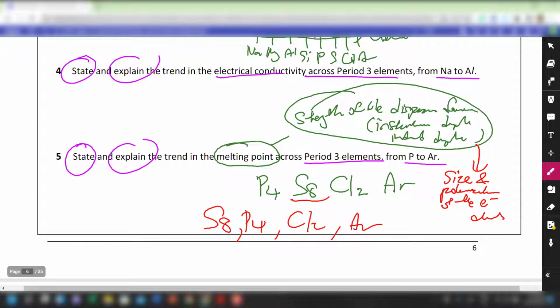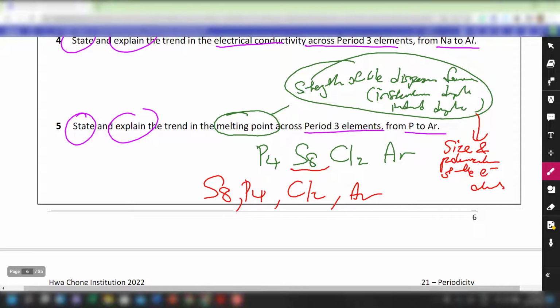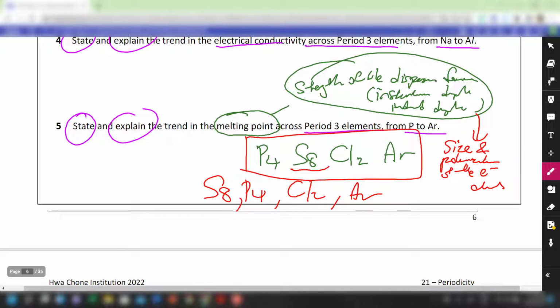Okay, of course, the question says state and explain a trend in melting point across period 3 elements from phosphorus to argon. Yeah, so when we are answering the question, our focus is therefore not to write them out in order of decreasing or increasing melting point. Of course we have to go according to this particular order if I'm to interpret the question correctly.